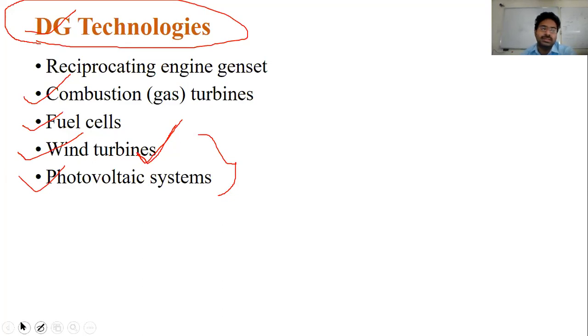This is our concern, because we are dealing with how to improve power quality, how power quality problems are injected into the system, how those problems are present in the system, and how to reduce them. One method is to use DGs to reduce power quality problems in the power system.